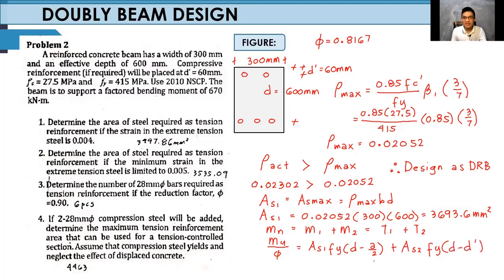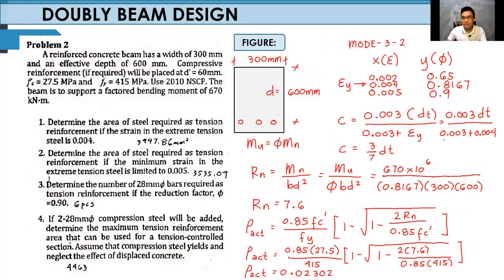Okay? So with this equation, meron pa tayong kulang, which is yung a natin or yung height ng compression block natin. So don't worry about that, kayang-kaya natin yung kunin because the formula for a or our height of compression block is just beta1 multiplied by c. So kanina, nakuha natin na beta1 is 0.85 because our fc prime is less than 28 megapascal. Then kanina, again, nakuha natin yung value ng c natin which is 3/7 multiplied by our d, effective depth.